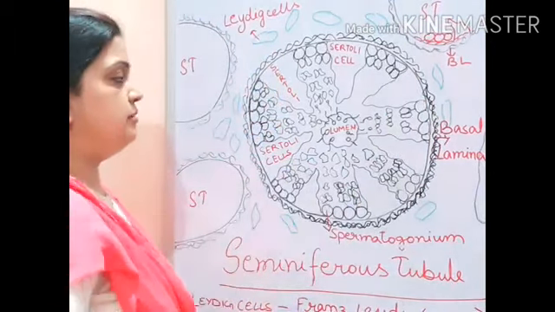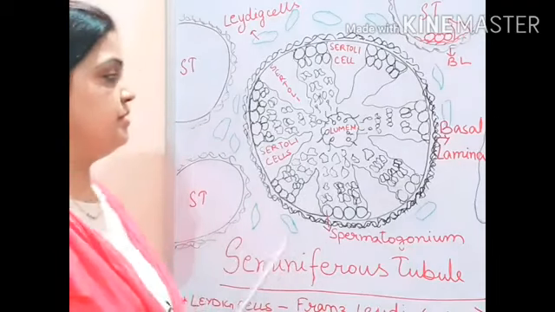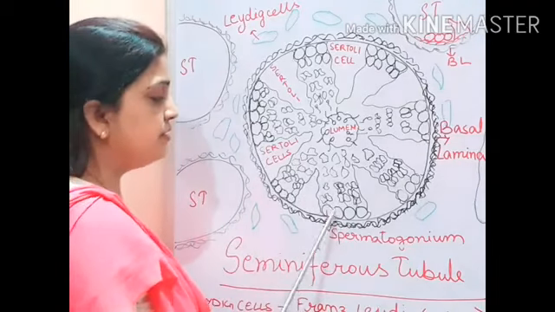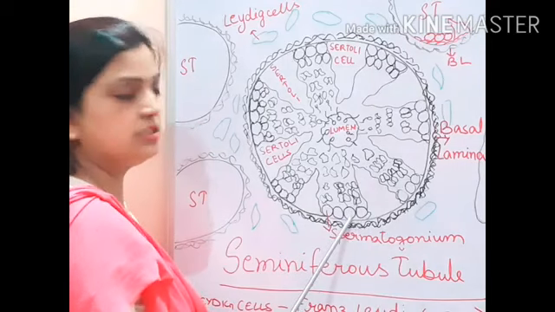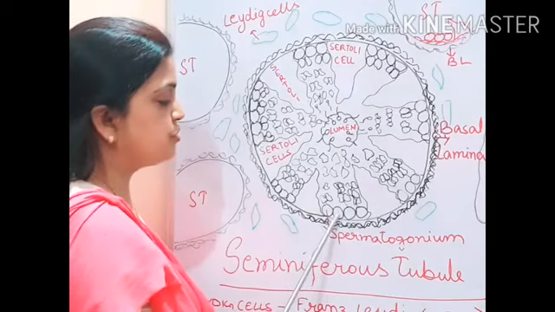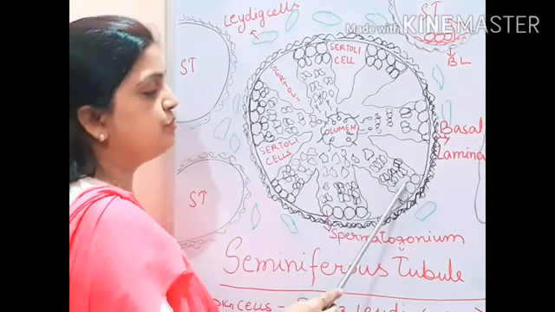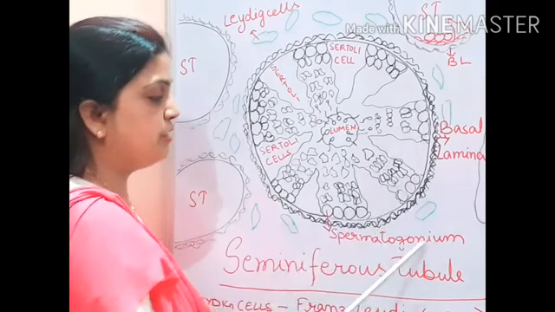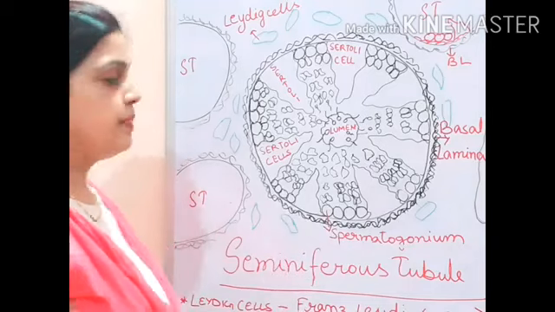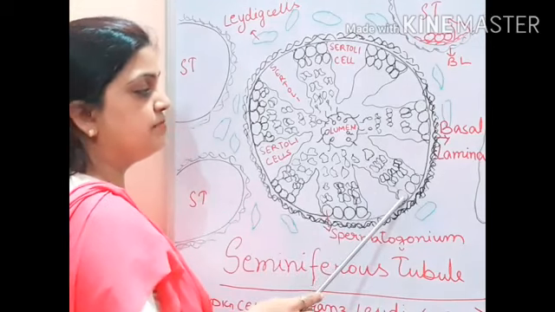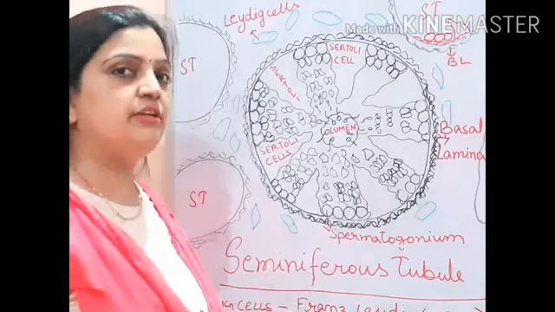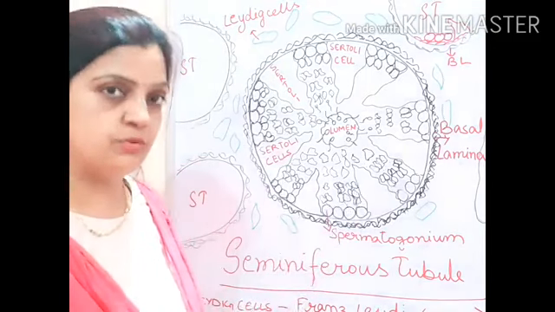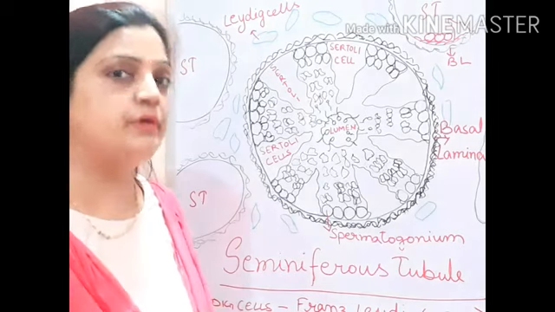Now we are going to study this in detail. Children, you can see I have drawn small circles from the basal lamina to the inner lining, and these small circles are spermatogonium cells. These spermatogonium cells will divide and develop into spermatozoa, which we call sperms.